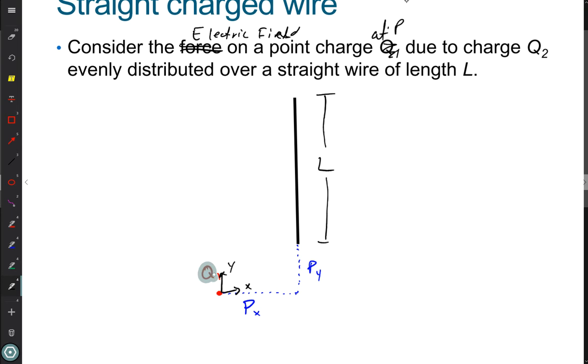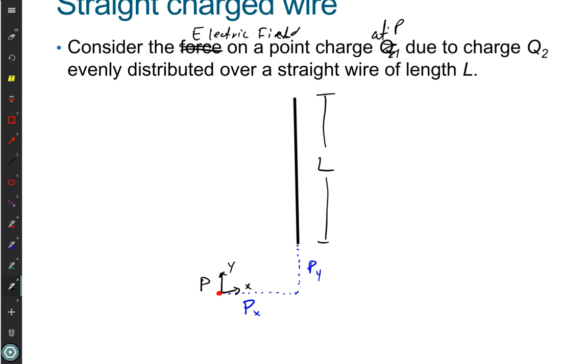Instead of calling that Q1, I'm just going to say P is that point. I divided by the Q1, hence I took out Q1 from my picture. It's the same problem. The only difference is in the end, I won't have the Q1 multiplied by it. And if I want to find the force, I just multiply by Q1.